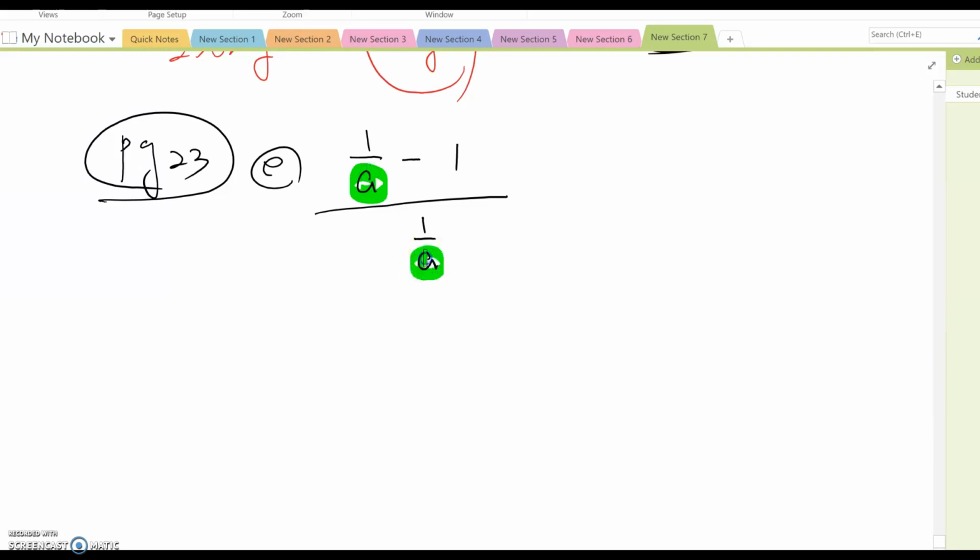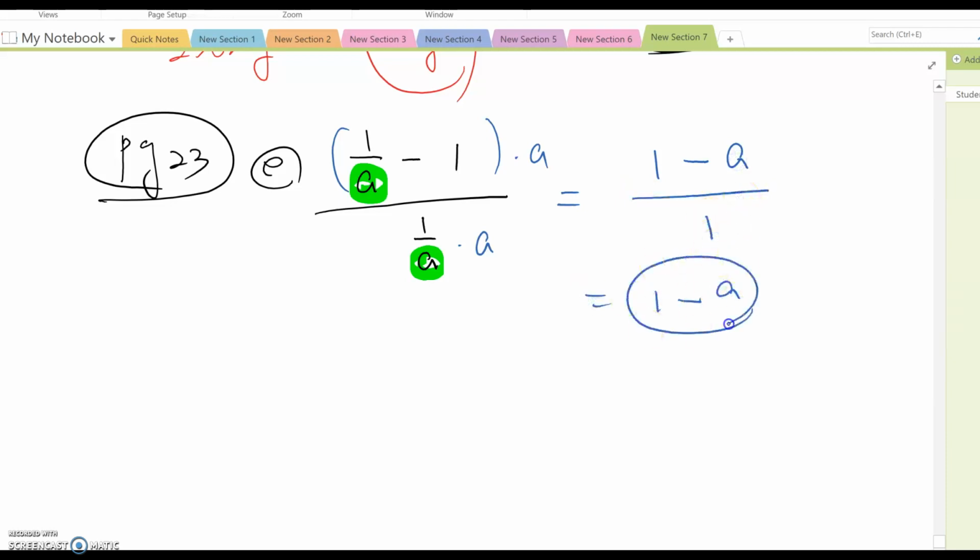In the denominator, that's the only denominator. So the common LCD is a, right? So you multiply a here, and also a here, and this is going to be 1 minus a over 1, which means 1 minus a. That will be the answer.